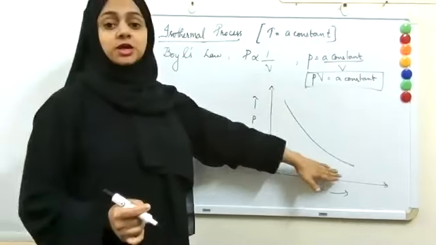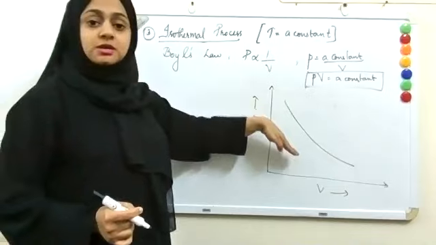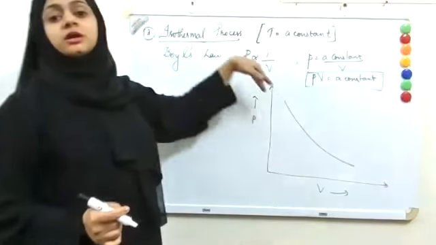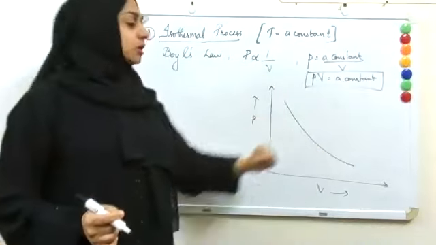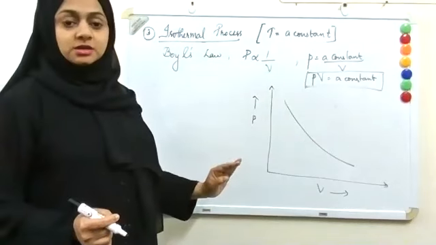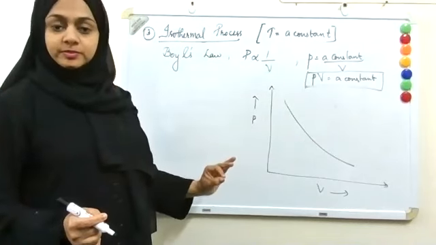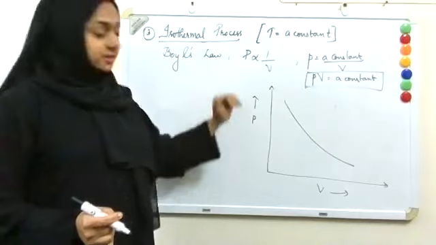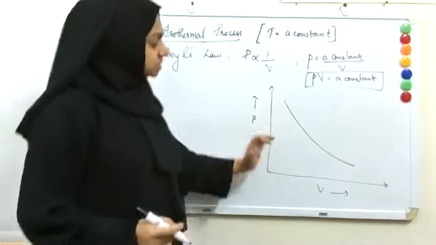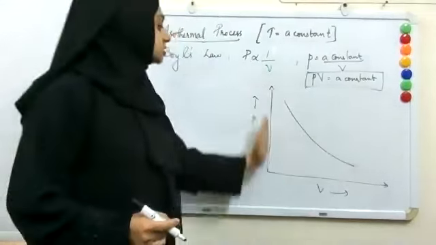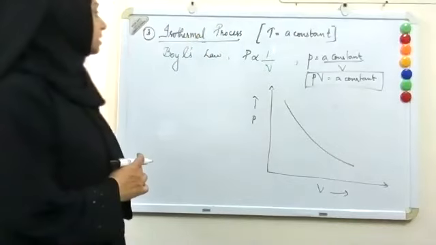As the pressure decreases, the volume increases. They are inversely proportional to each other. Is that clear to you? Yes, teacher. So this is how the indicator diagram will look.